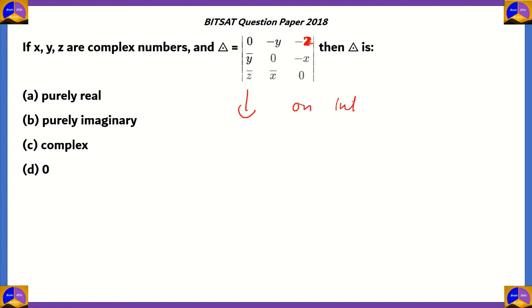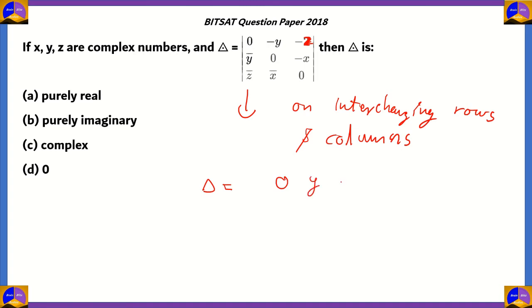So on interchanging the rows and columns, what we're going to get here is delta equal to 0, y dash, z dash, and then minus y, 0, x dash, and then minus z, minus x, and then 0. So this is under the determinant.